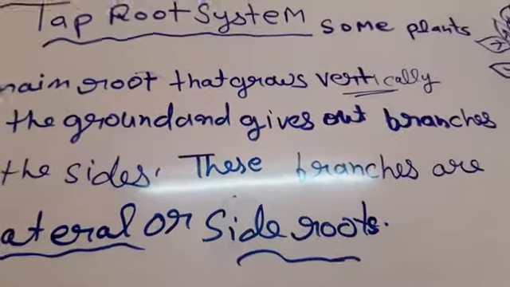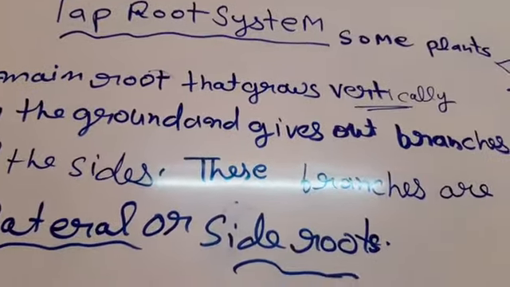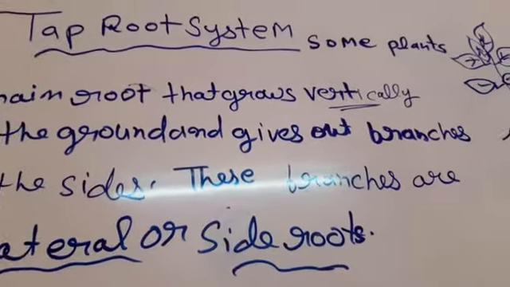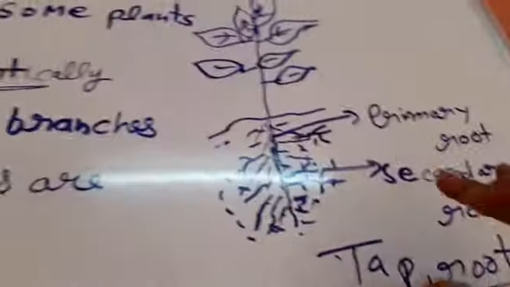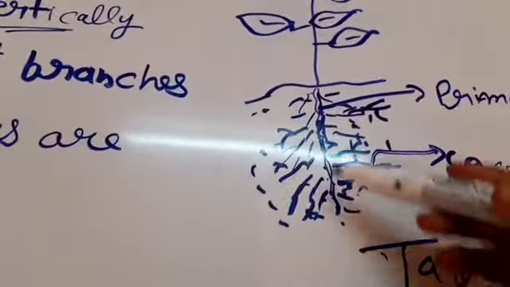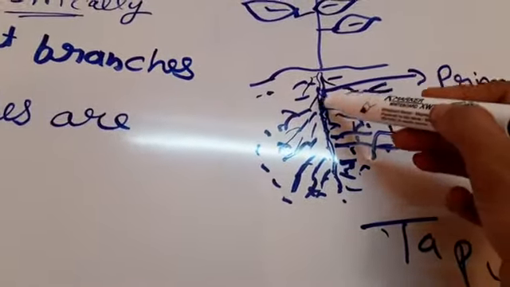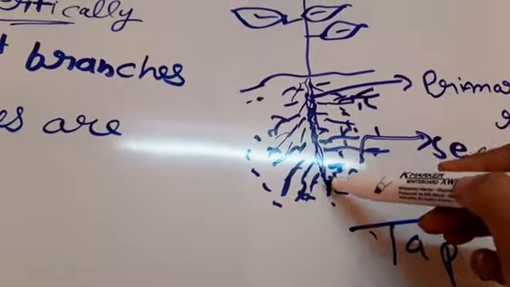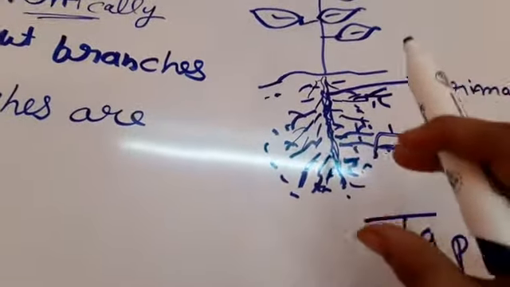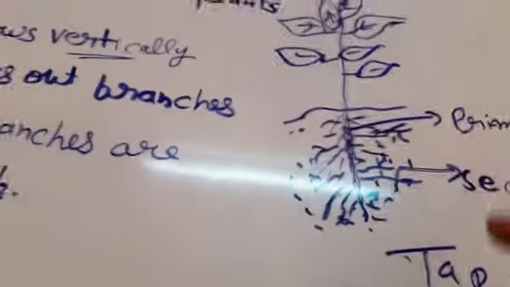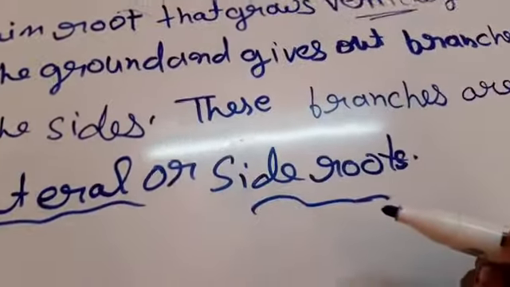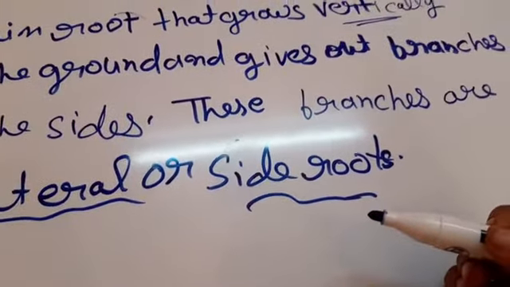The main root is quite thick but its branches are much thinner. This type of root is called taproot. You can see in this diagram, this is the main root, very thick, and the side branches are much thinner than the main root. So this is the main characteristic of a taproot plant.